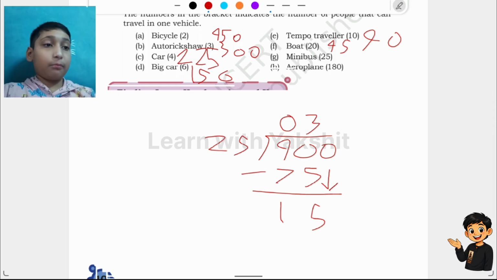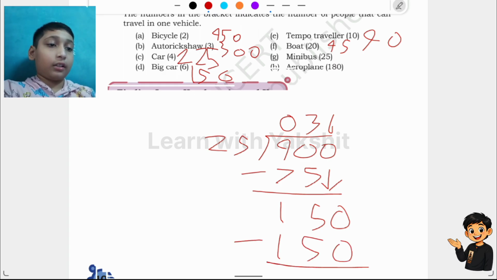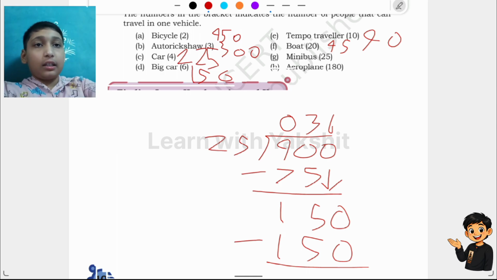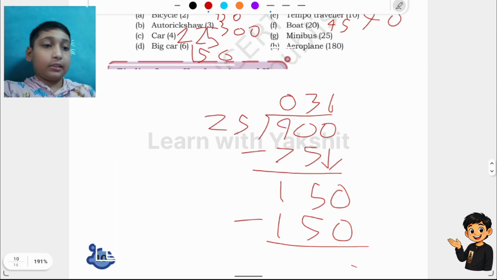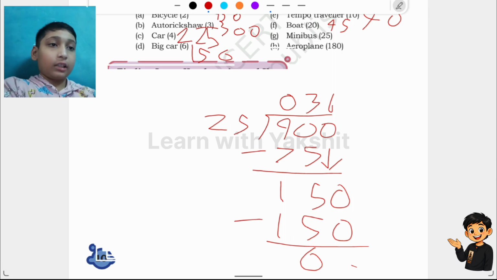Then we have to bring this 0 down here. Now, what can be divisible by? You know, it is divisible by 6. There. And now we got our answer, a 0, scroll, and then a 0. Now that's our answer.